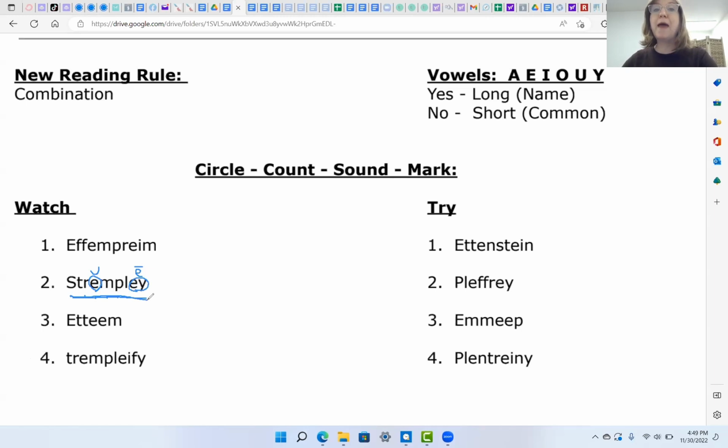Stremply. Now, a couple things I wanted to say about that. First of all, if you said that with me, make sure that when you pronounce that short E sound, your mouth is open, kind of medium width.